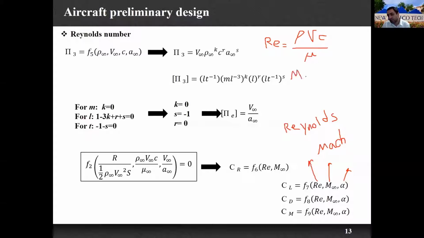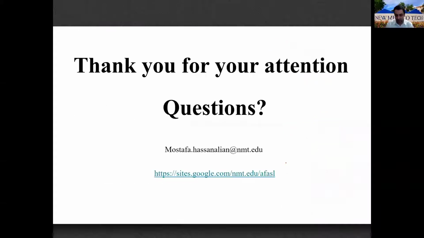The Mach number is defined as v, velocity, divided by c, which is the speed of sound. These parameters are non-dimensionalized and don't have any dimensional units. They determine our lift coefficient, drag coefficient, and momentum coefficient.